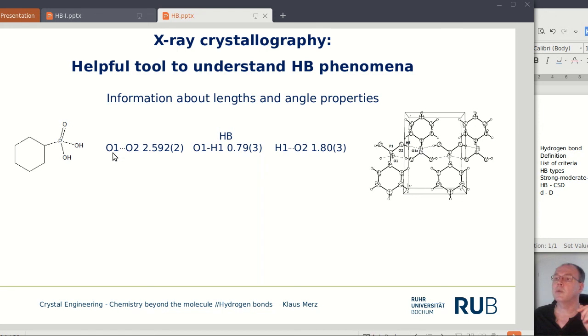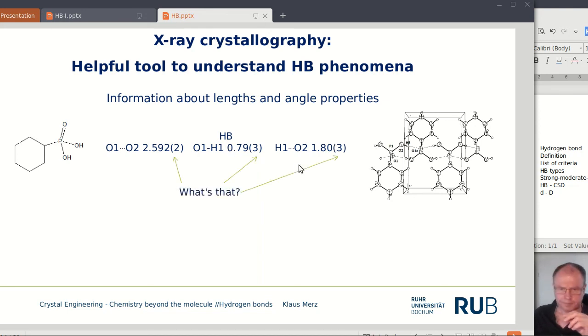Here is our value d. This is capital D, the donor-acceptor distance. Here's the hydrogen bond. Two parameters: the covalent bond, and this is the intermolecular interaction.